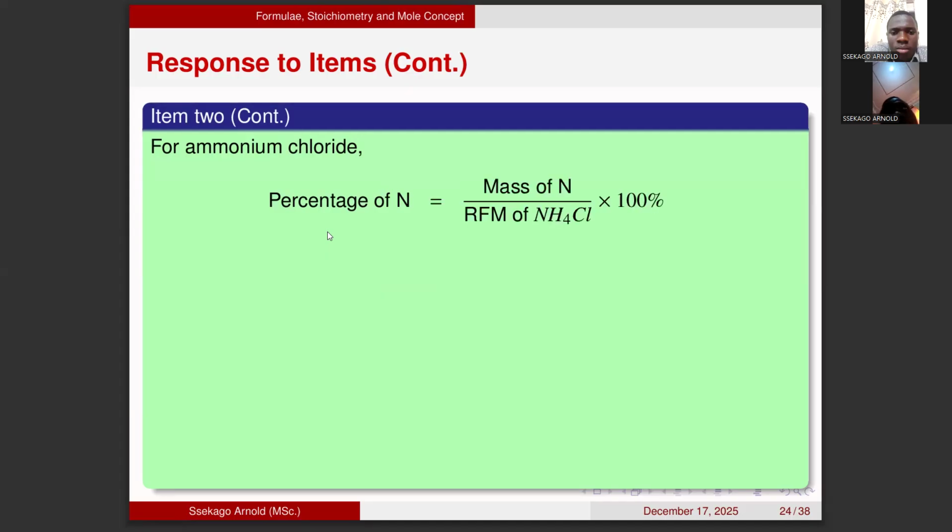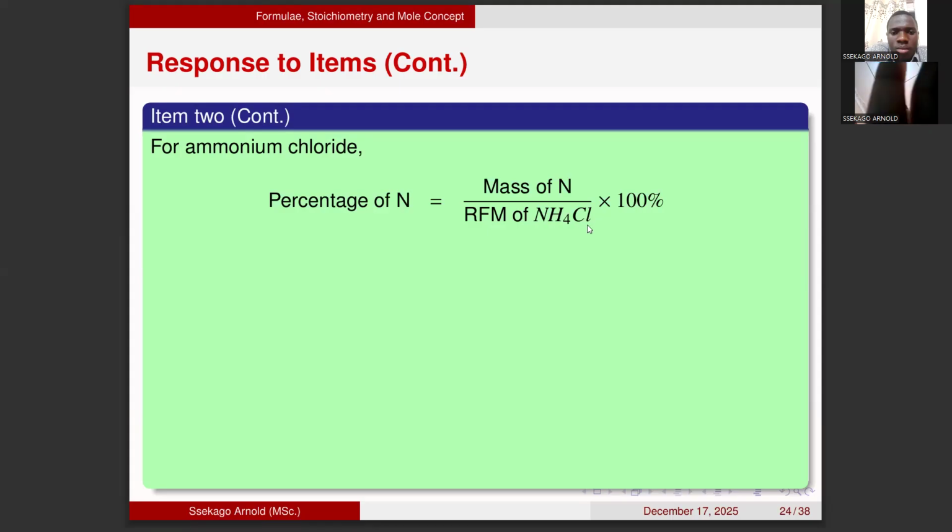So percentage of nitrogen will be mass of nitrogen over RFM of the compound ammonium chloride. Still here, I identified the number of atoms of nitrogen within the compound.